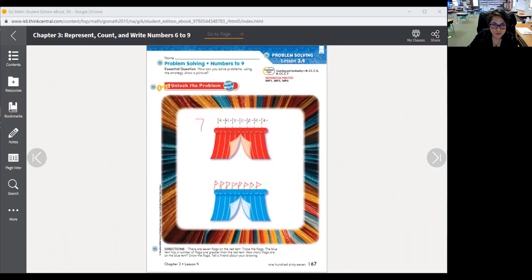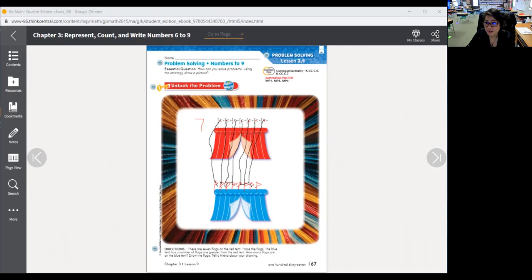There's this flag right here, so we're going to do 1, 2 are matching, 3 are matching, 4 are matching, 5 are matching, 6 are matching. Oops, I drew the wrong one, sorry. Let me reset. 6 are matching, and here's the 7th one that we're going to match to the blue tent. There we go. We matched 7, okay?